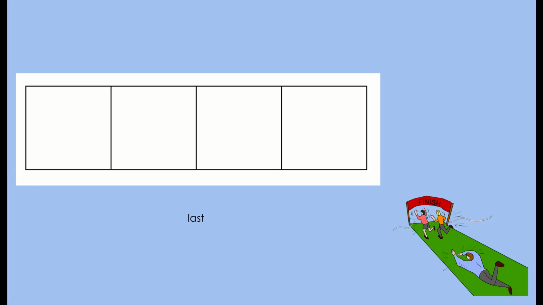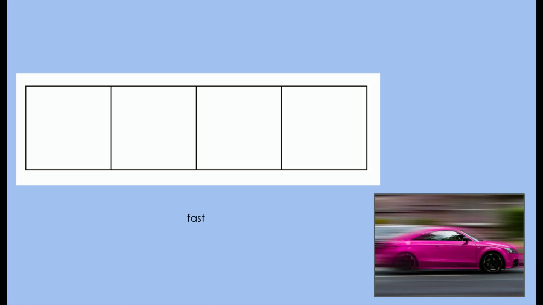Now let's practice breaking apart words into their sounds using the sound boxes. The first word we're going to break apart is the word last. Ready? Last. The next word, fast. Fast.